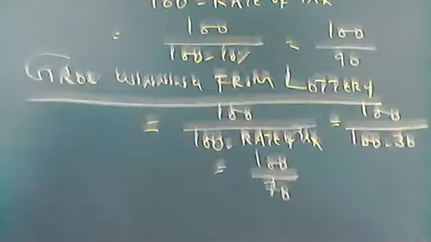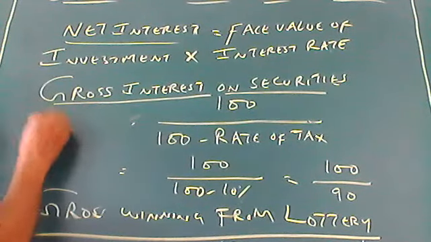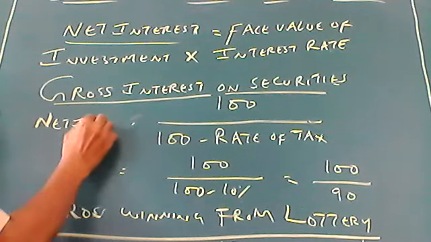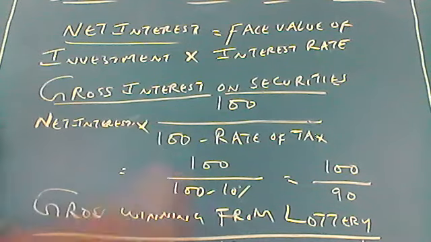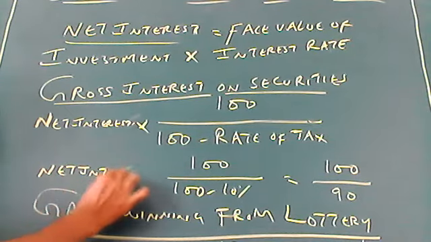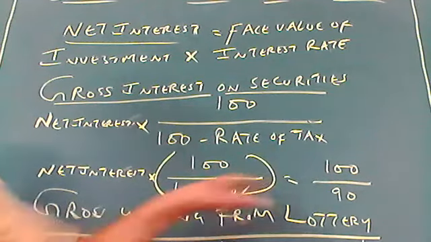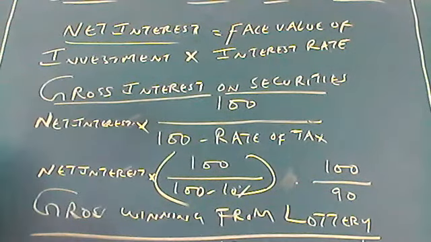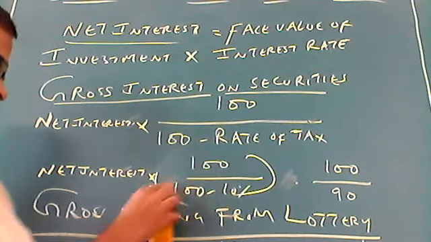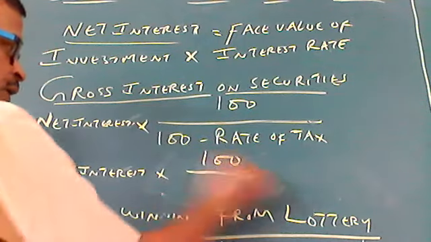It is a small change: gross interest means net interest into 100 by 100 minus 10, which is 90.